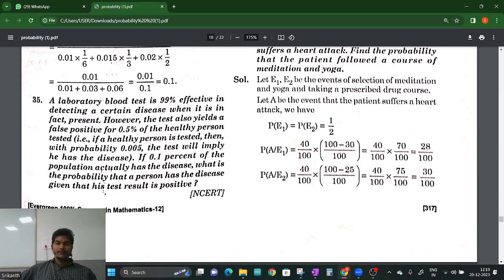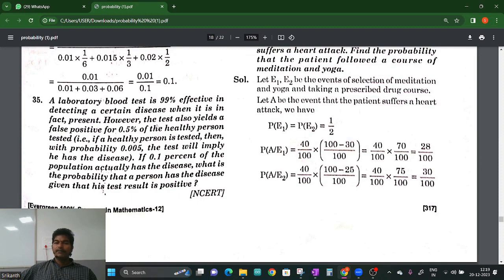Very interesting question. Right now, the laboratory blood test is 99% effective in detecting a certain disease. What is the laboratory chance? 99%. That means a 1% chance the laboratory report is false. A certain disease, for example, take corona. When it is in fact present, that is going on.